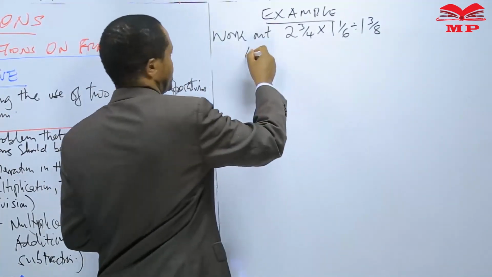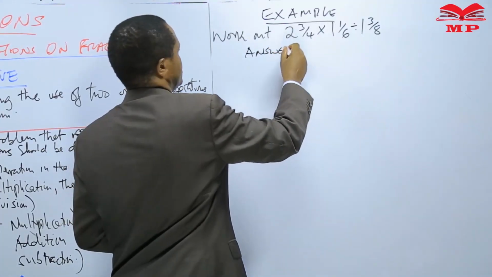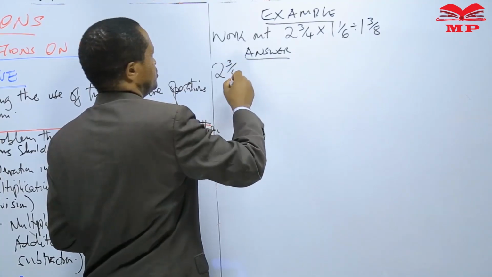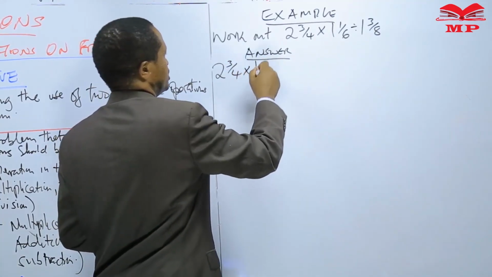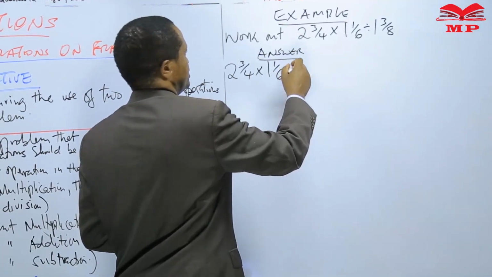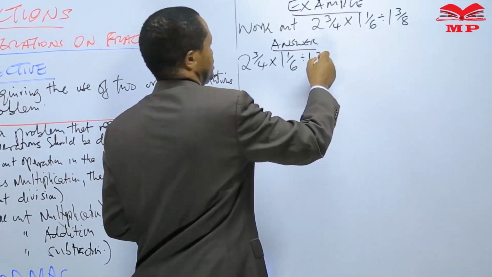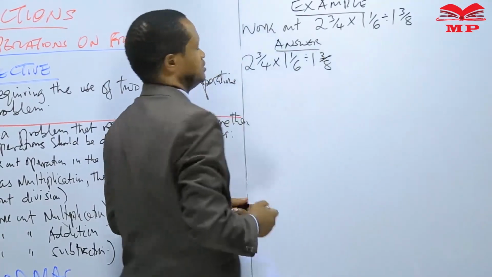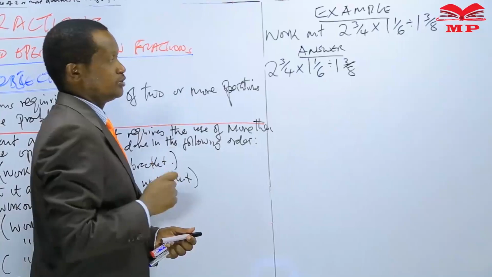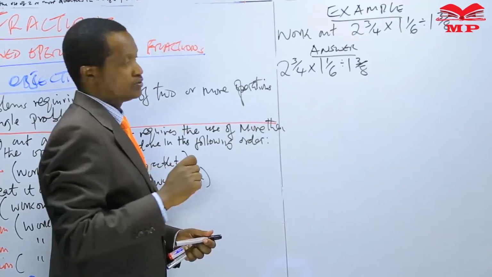So here is the answer. 2 3/4 times 1/6 divided by 1 3/8. So there are two operations, multiplication and division.